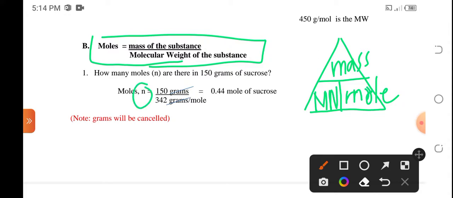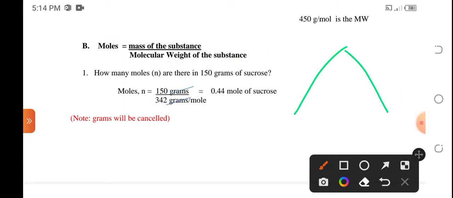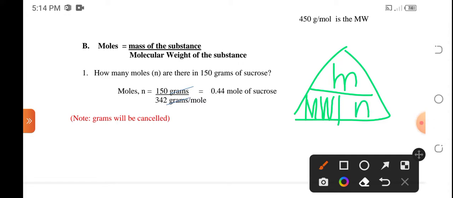Okay, so kung N yan, hindi kasi tayo pwedeng, we could not use letter M kasi M is used for mass. So, if we're going to have the triangle, for mass is M, for molecular weight is MW, and the number of moles is N. Okay?